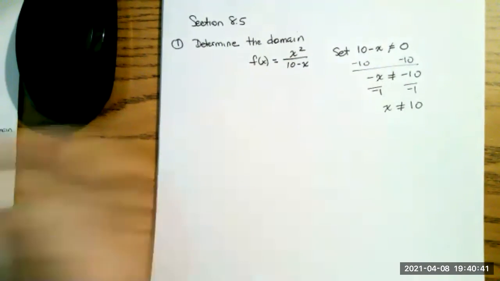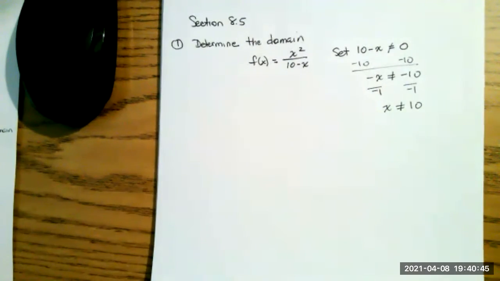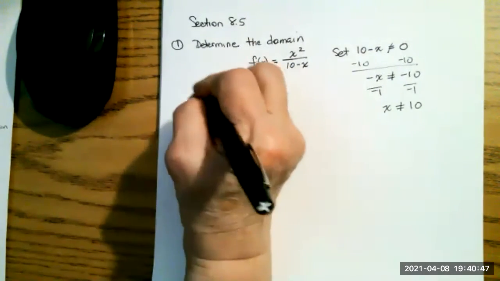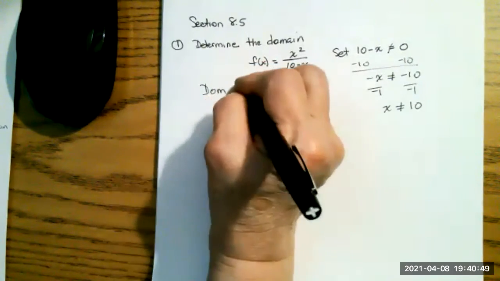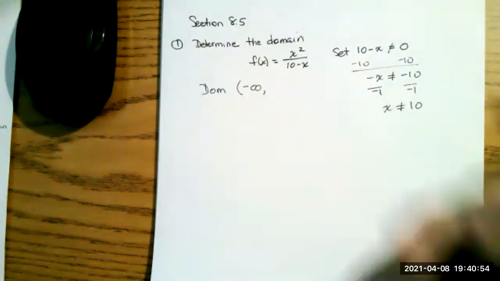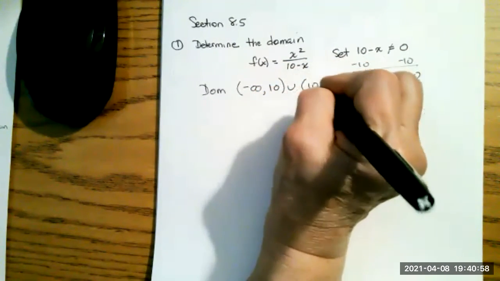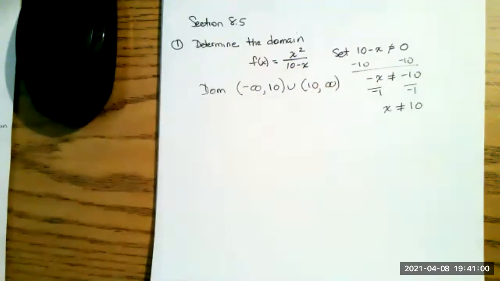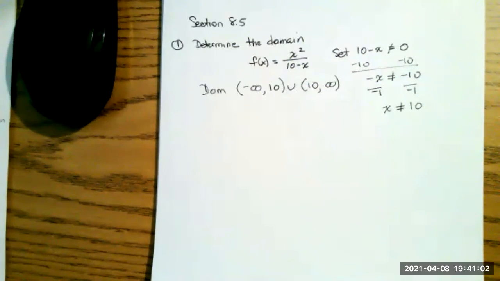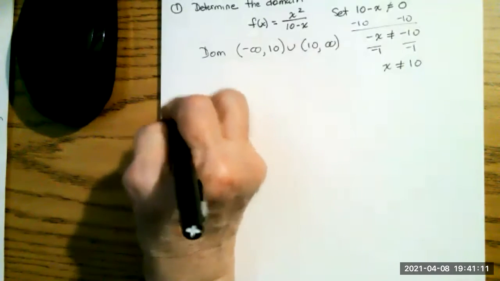If x is 10, you can see 10 minus 10 is going to give you 0 in the bottom. But they want you to write the domain in interval notation. So you would do negative infinity up to 10, union 10 to positive infinity. Remember doing that before? We've done that already, so hopefully that won't be hard. Okay, any questions on 1?